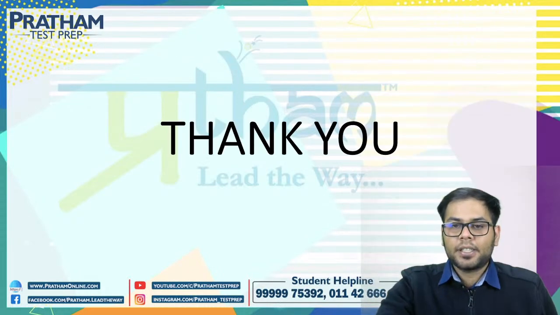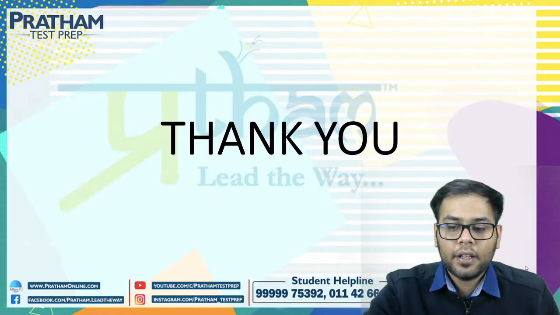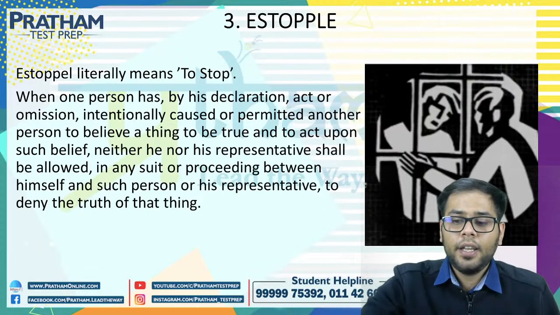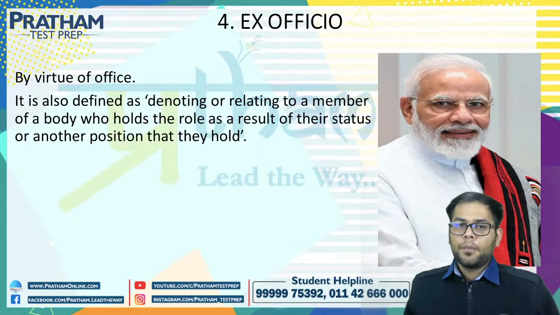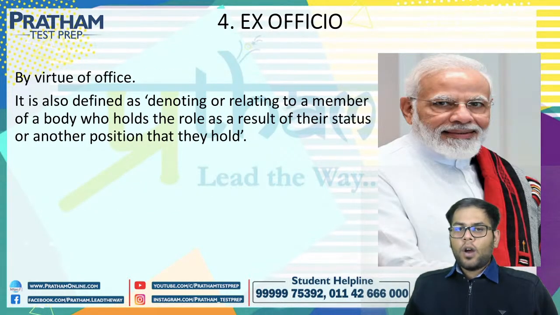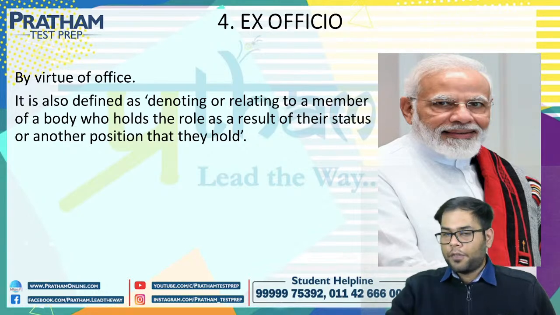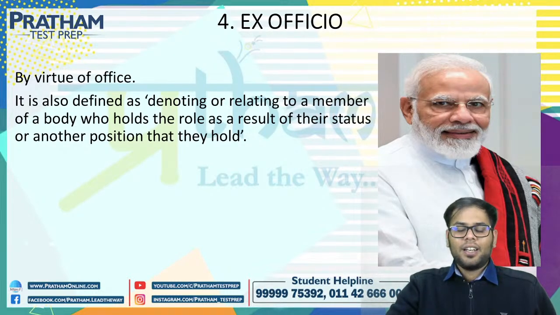Till then, I'll be discussing another thing, that is the first part that we studied, right? The ex officio. If you are studying ex officio, you have to understand that there are a lot of roles that are given in ex officio statements, right? Like the chairmanship of a lot of administrative posts is always ex officio.